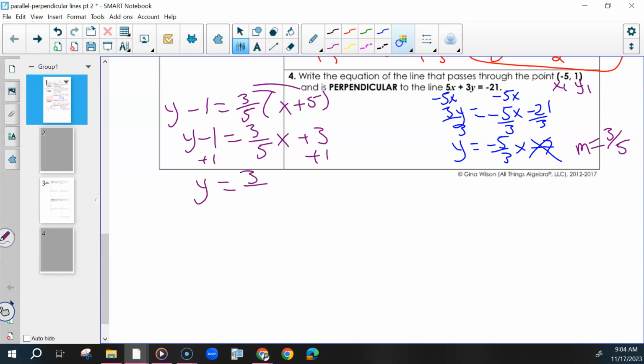So our final equation should be y equals 3/5 x plus 4. This will be the most work if you get a problem like this, where you have to solve it first, then find your new slope, then solve it again. Do we have any questions on this process?